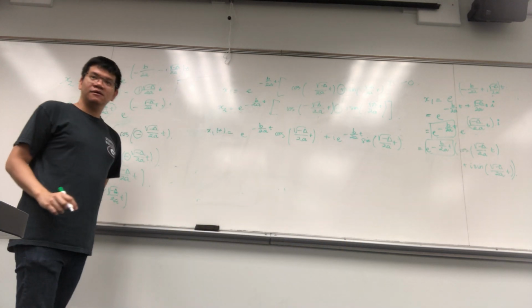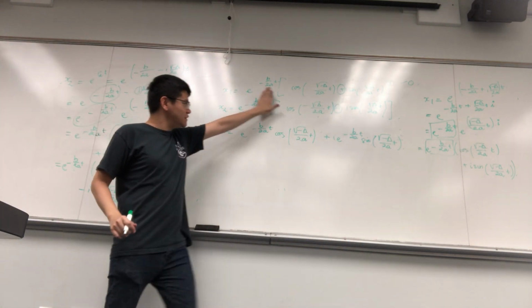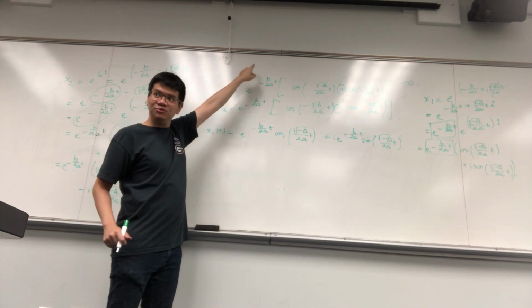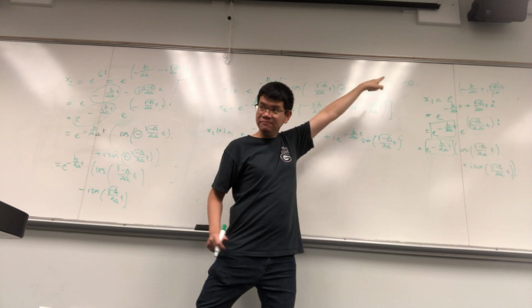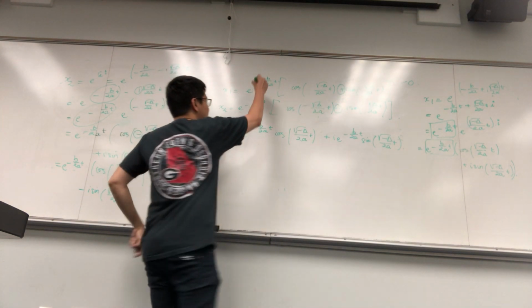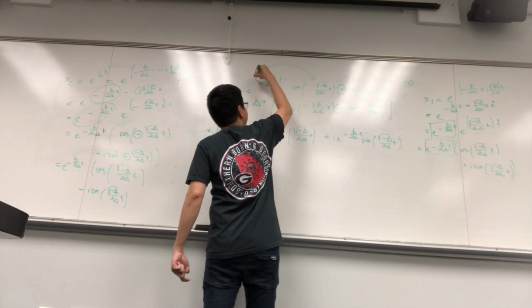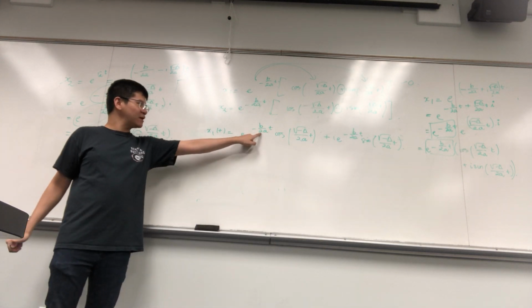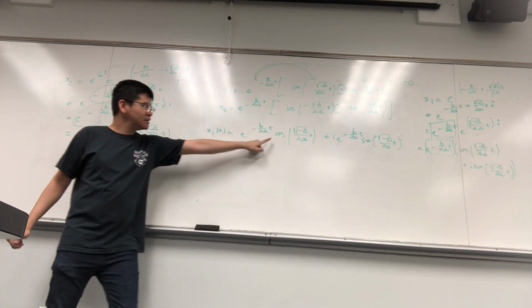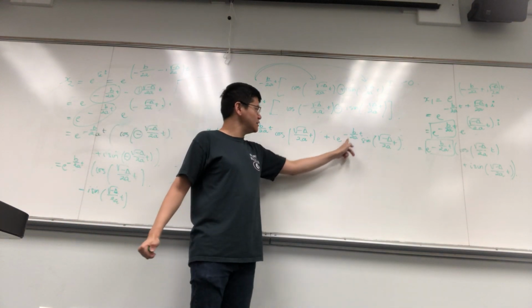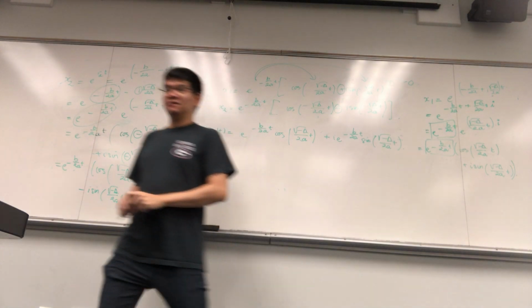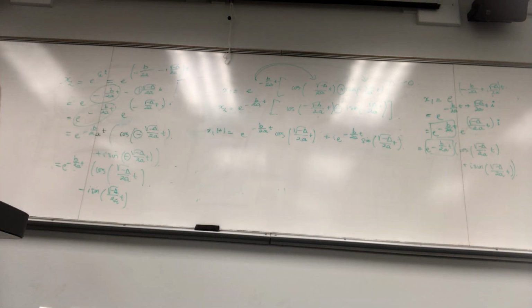I'm gonna develop this: I distribute the exponential inside the sum. I multiply this exponential to the cosine and this exponential to the sine. So I have e to the power b over 2a t times cosine plus i e to the power b over 2a t times sine.